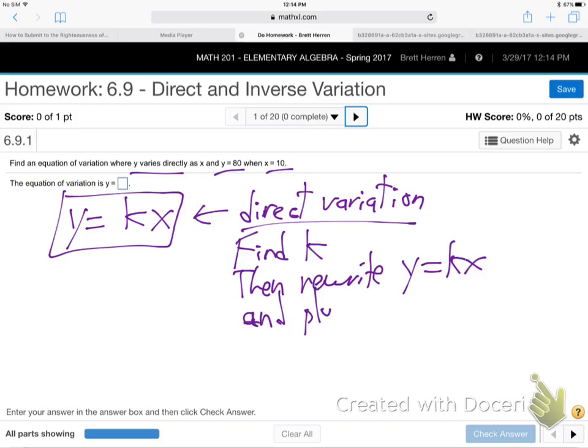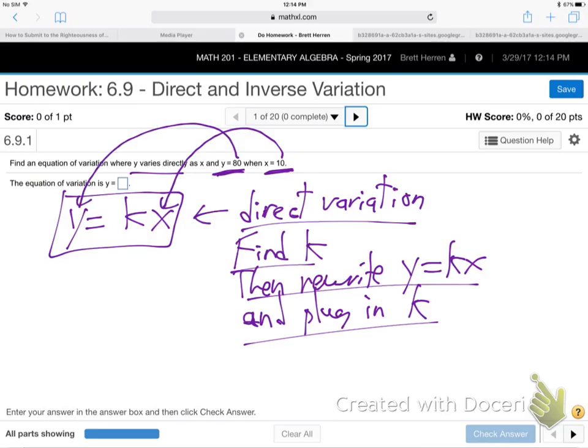So they're saying take that y equals kx, find k, then rewrite it and plug in the k. What do we mean? Well, they're saying y is 80 when x is 10. So put in the 10, put in the 80. So 80 is k times 10.